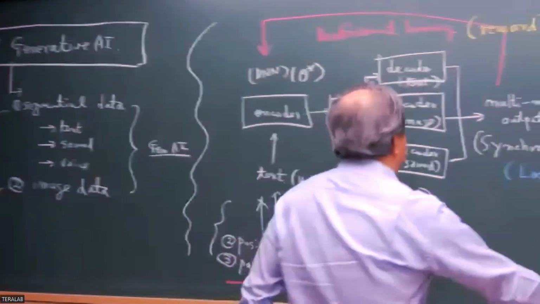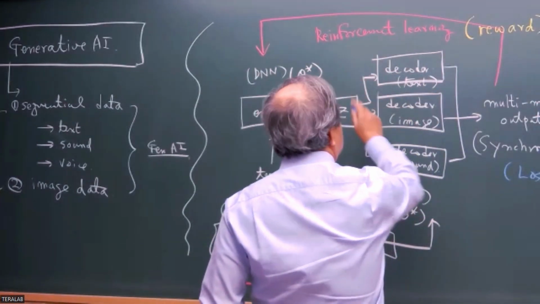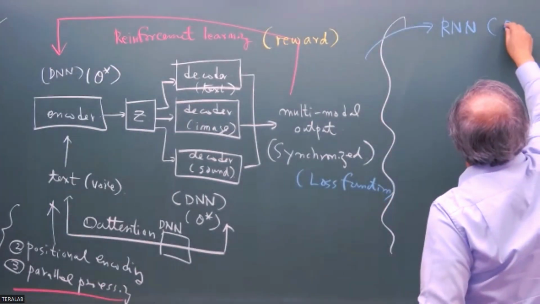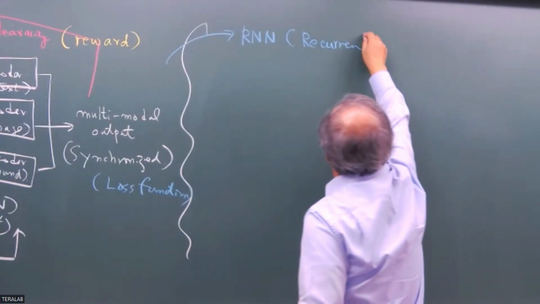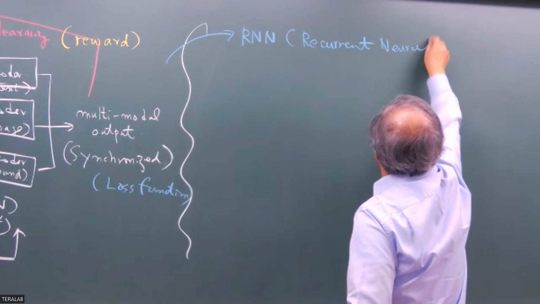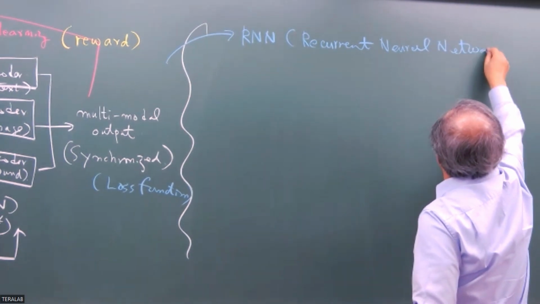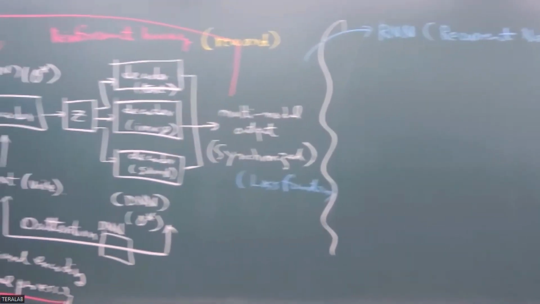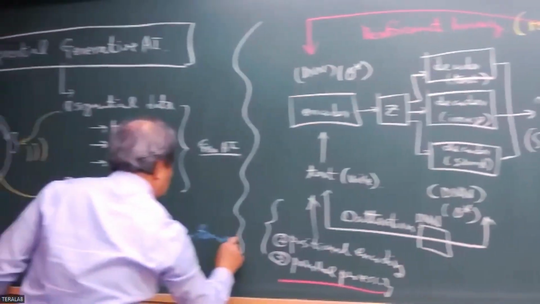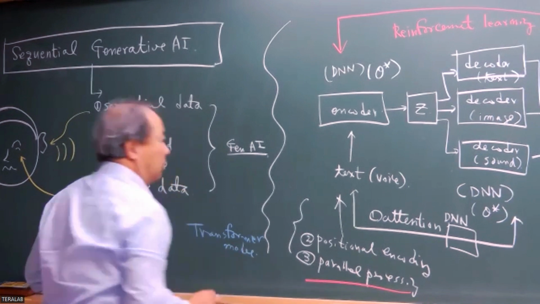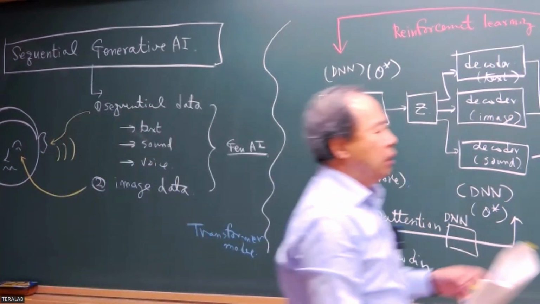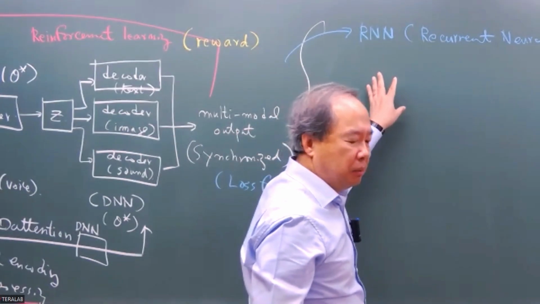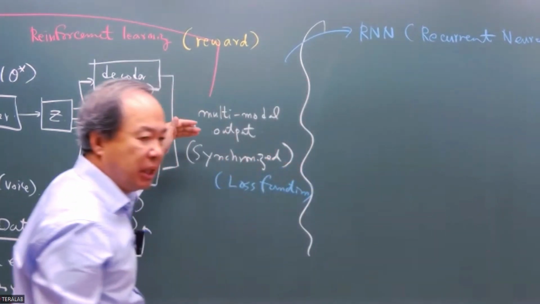Now, one of the examples of this text encoder decoder will be RNN. This week, I'm going to give you a lecture on the recurrent network that is a very initial generative AI model suitable for text and text generation.